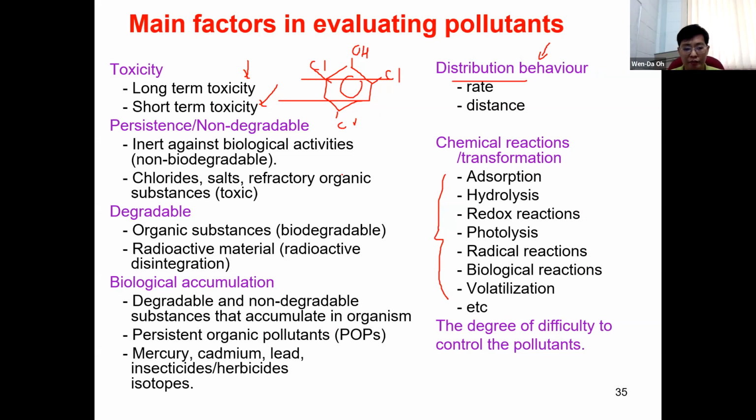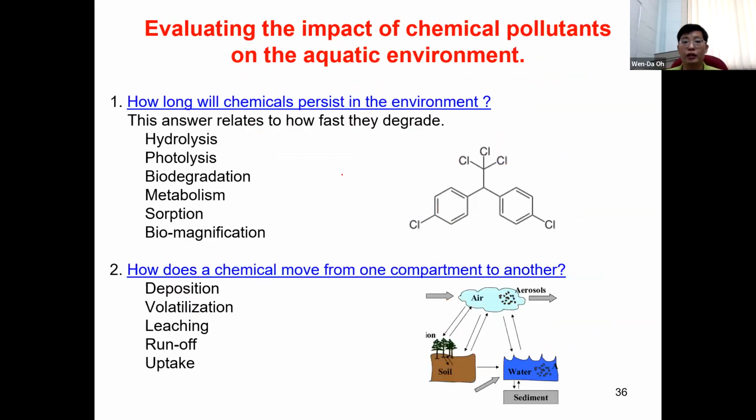If it can accumulate in a certain species, of course, it will present a challenge, right, to remove it from the food chain, right? So if it can undergo certain transformation, for example, photolysis, right, or hydrolysis, then it is easier to control because we don't have to worry about its persistence in the environment, right?